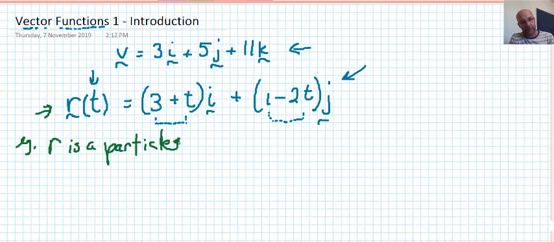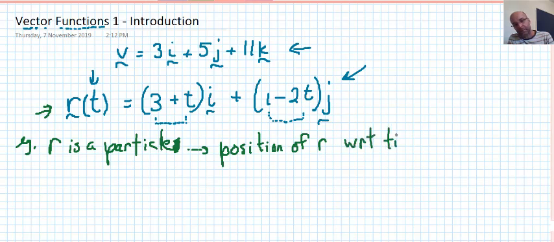R is a particle, and this might mean that it describes the position of r with respect to time. And that would be a use of that. That's an example. This one would be a 2-dimensional model.